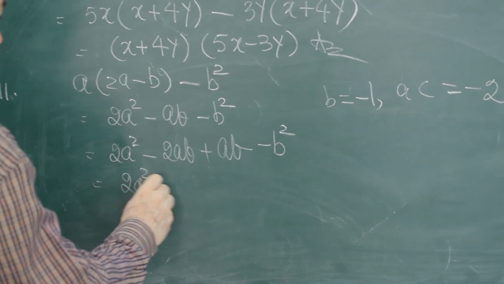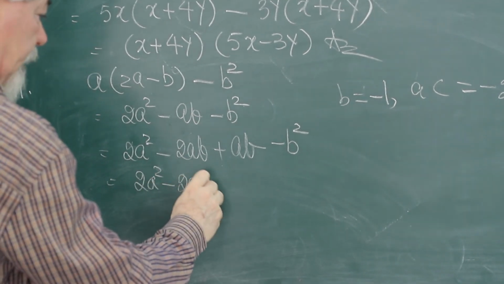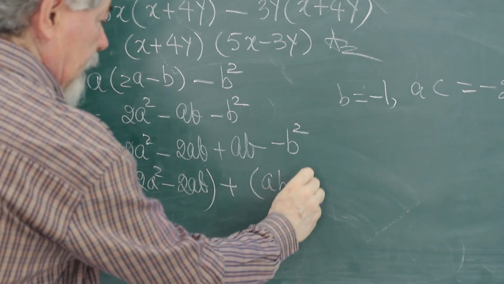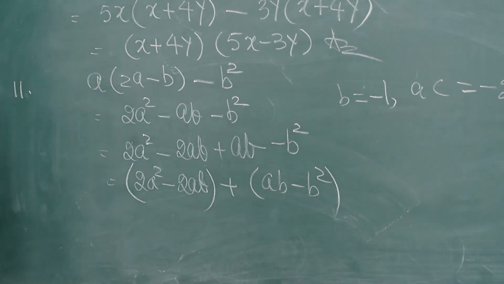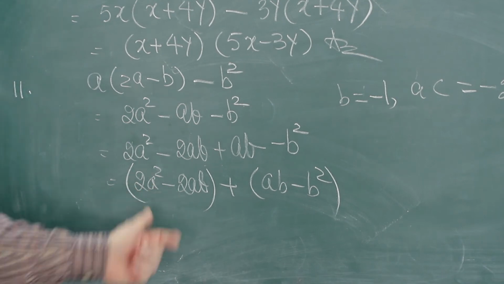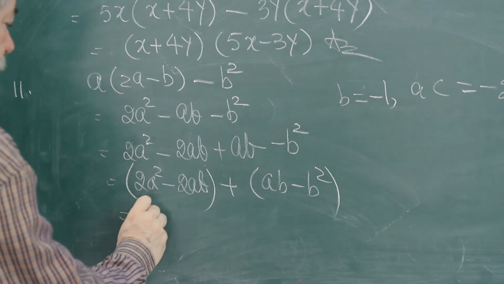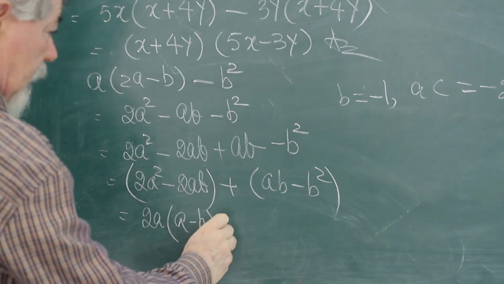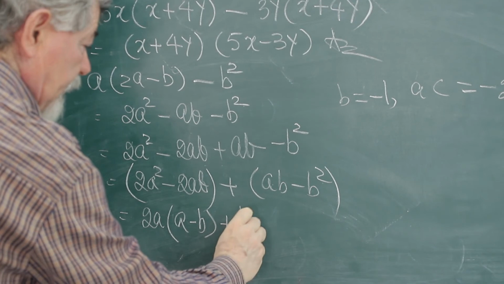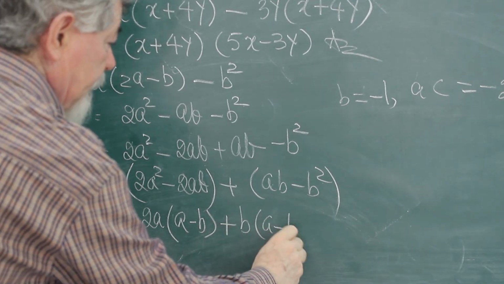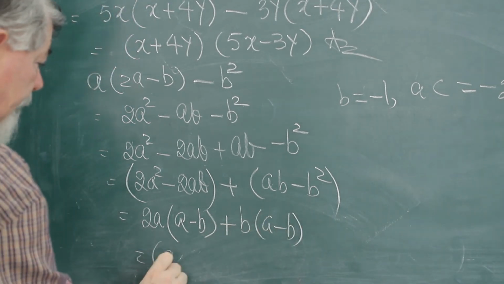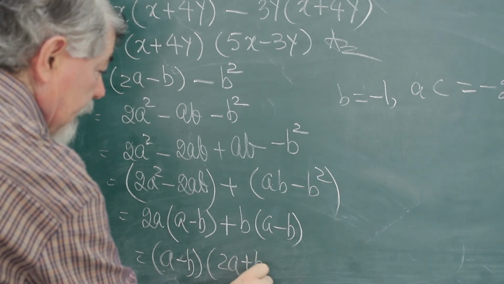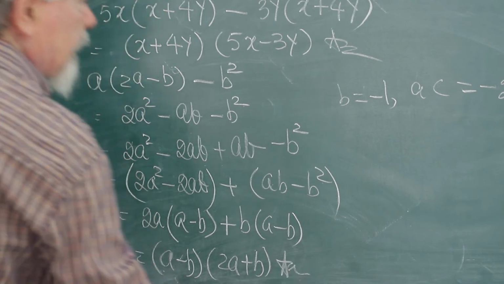Out of the first pair, I have 2a common, that is a minus b, and out of this I have b common, a minus b. So I have a minus b and 2a plus b as the two factors.